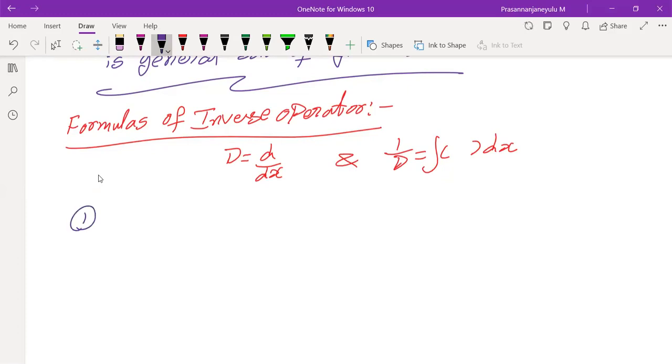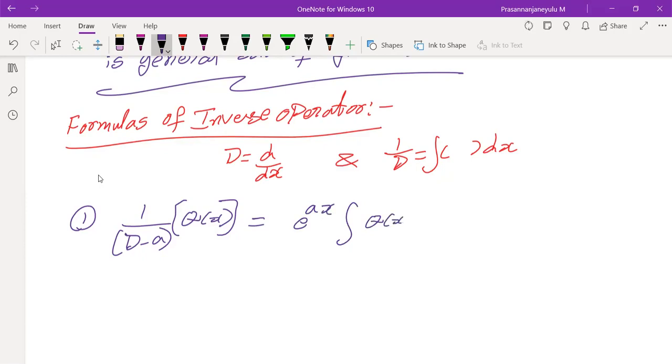The first, basic formula: 1 by D minus a of Q of x is equals to e power ax into integration of Q of x into e power minus ax into dx.